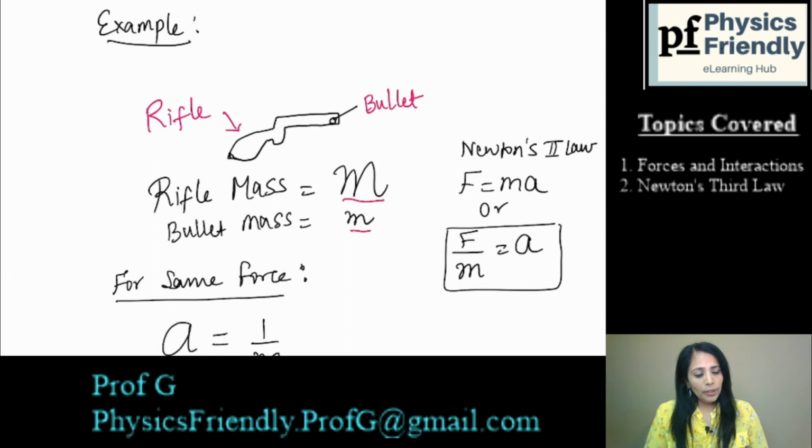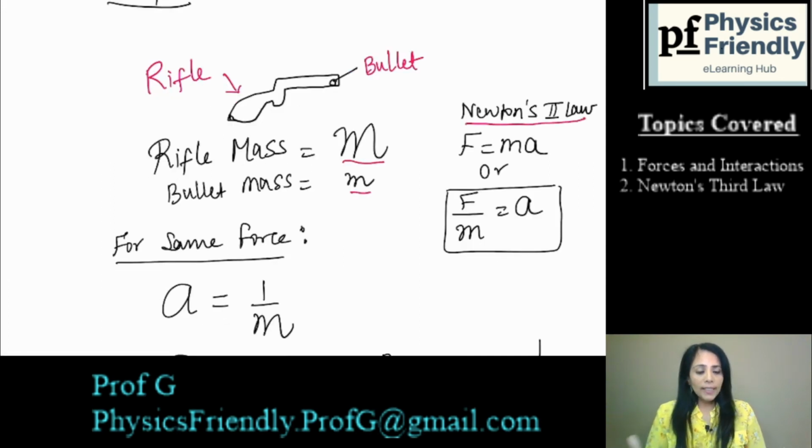Now from Newton's second law, which says force equals mass times acceleration, that we have already seen, another form of Newton's second law is F over m equals acceleration, and in this case we are calculating the acceleration using force and mass.